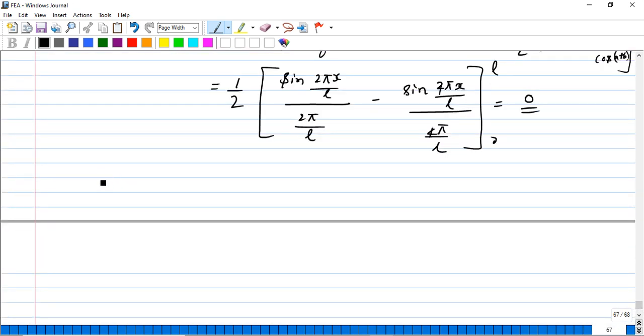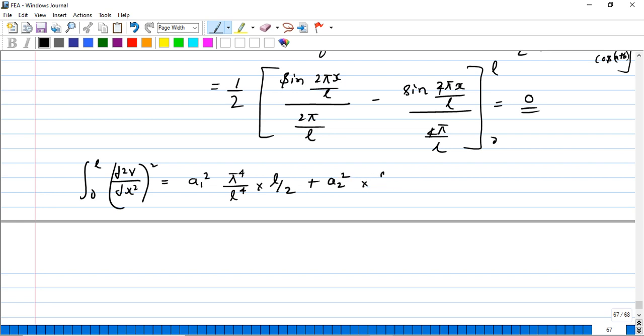So I obtain the same equation: integration of 0 to L of d bar square v by d bar x square, whole square, that is equal to a1 square multiplied by pi to the power of 4 by L raised to 4 into L by 2, that is the first value. Next, a2 square multiplied by 81 pi to the power of 4 by L to the 4 into L by 2, plus the other term into, see this particular value is 0, anything multiplied to that will be 0.